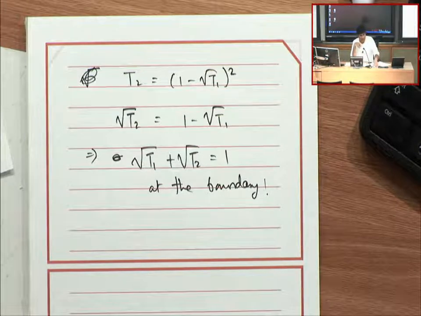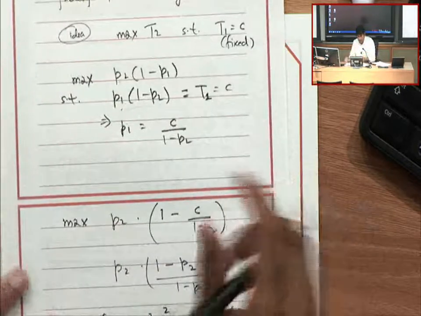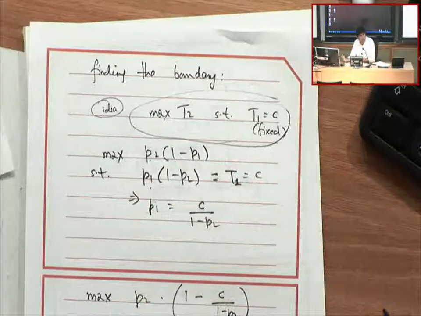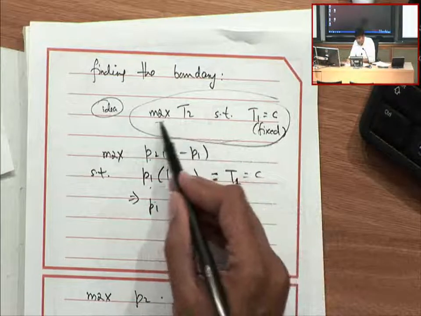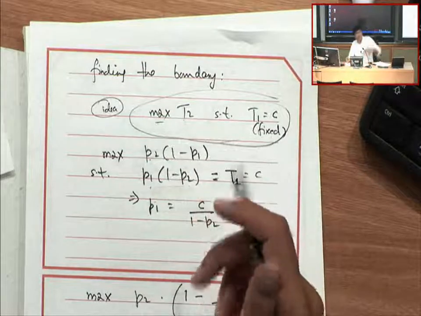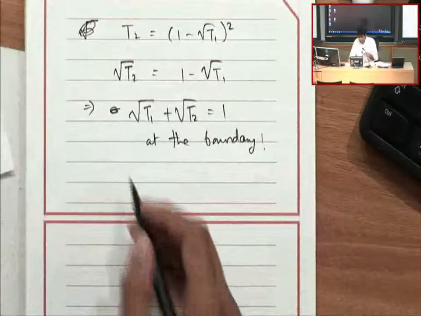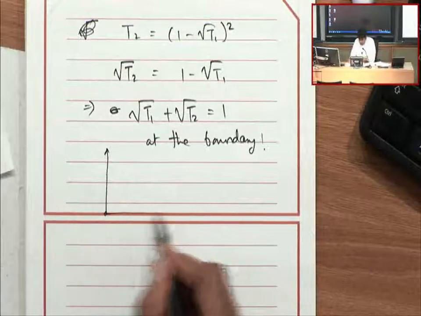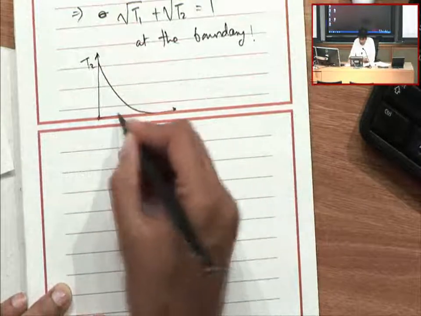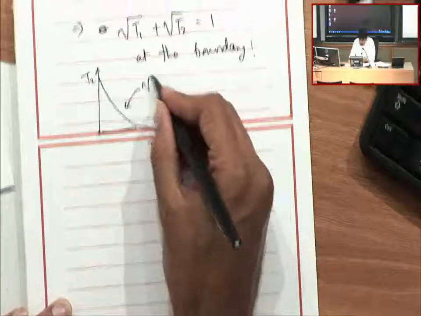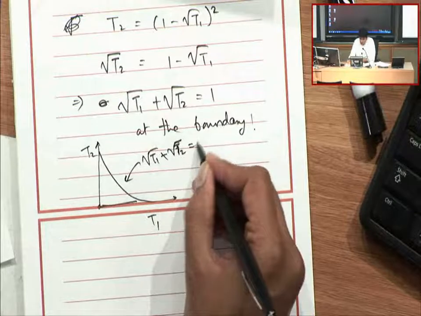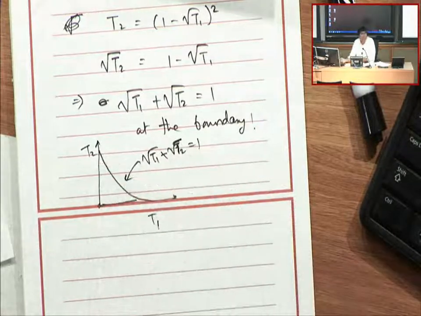What I mean by that is we got all of this by solving this problem, and this problem is maximizing T2. So this is the solution we get if we are trying to find that curve. So that curve, where you plot T2 versus T1, is just the curve square root of T2 plus square root of T1 equal to 1. That's what this curve is.